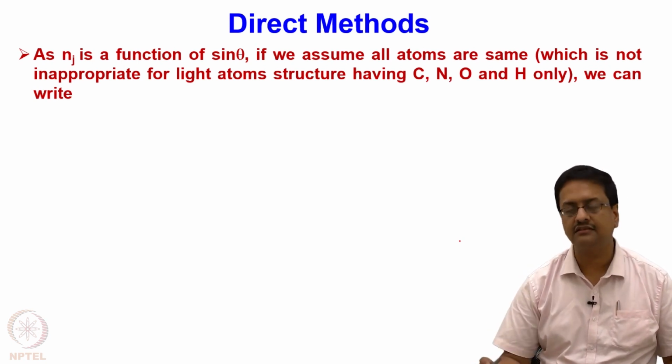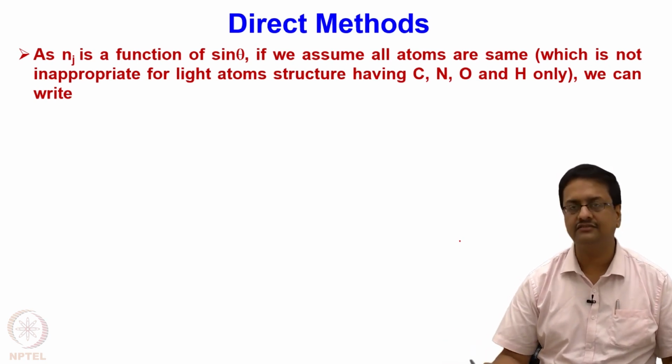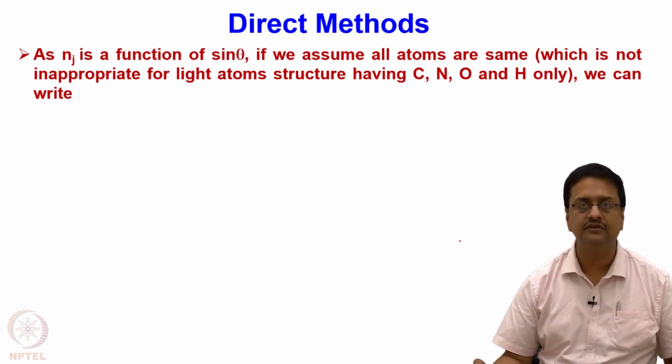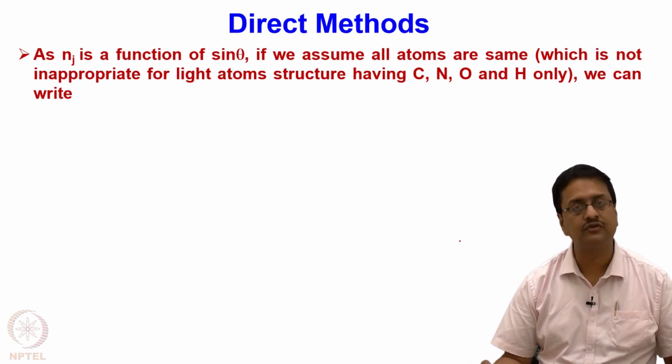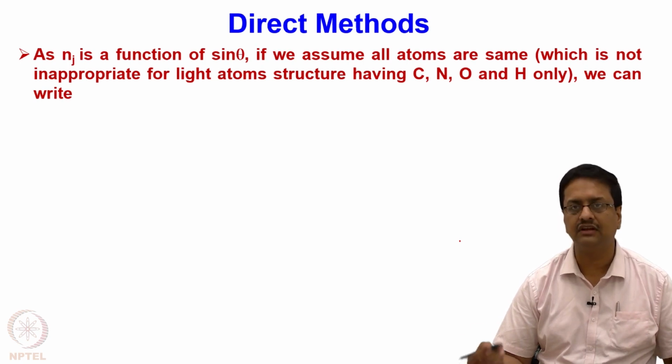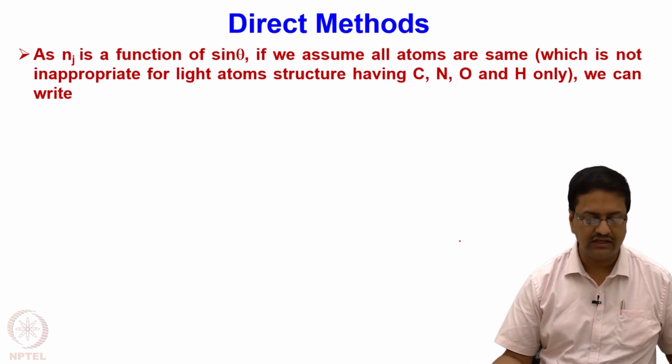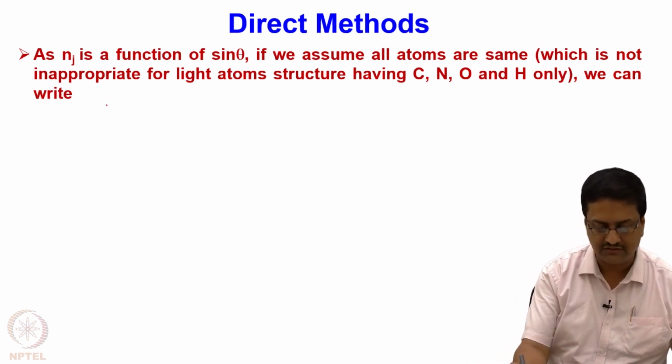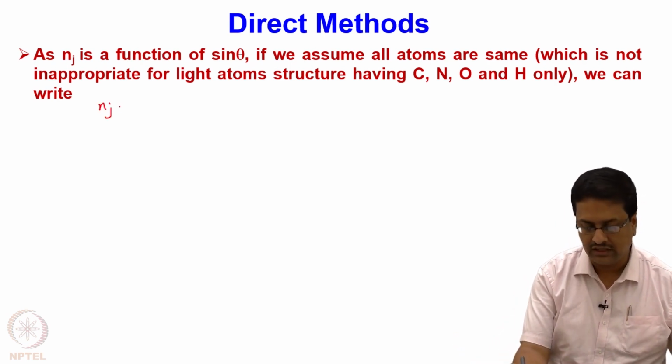As nj is a function of sin theta, we assume all atoms are same, which is not inappropriate for light atom structures having only carbon, nitrogen, oxygen and hydrogens in the structure. So we can further write that nj is equal to 1 by n.